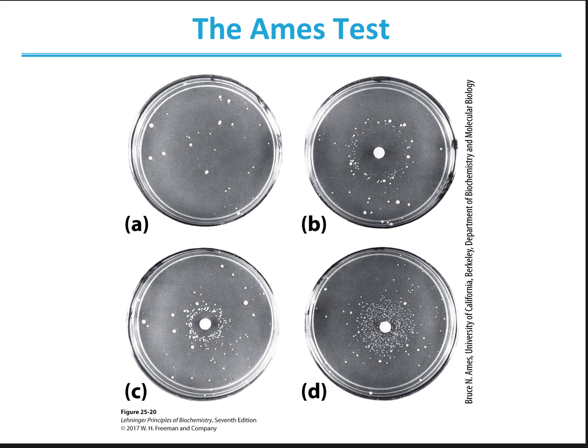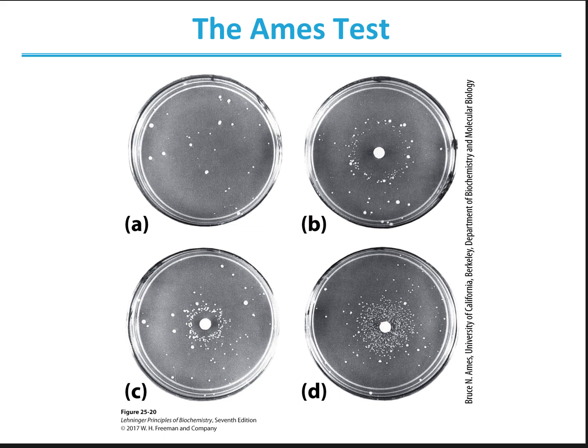Now it's not perfect. There are compounds that are positive in the Ames test that are not carcinogens, and some carcinogens that do not look mutagenic using the Ames test. But it's used because it's cheap and easy, and it's easy to adapt to a high throughput assay.